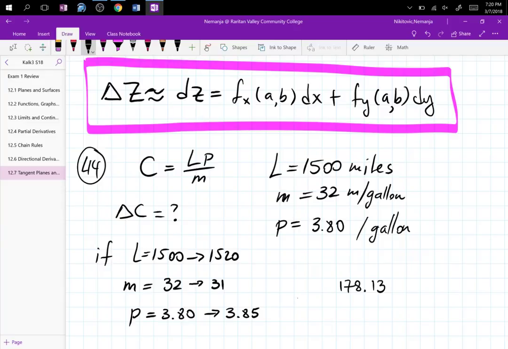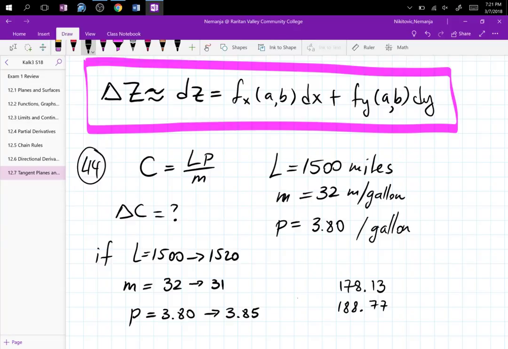So that's 1520 times 3.85 divided by 31, and we get 188.77.